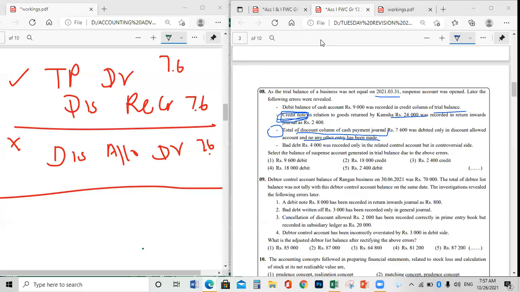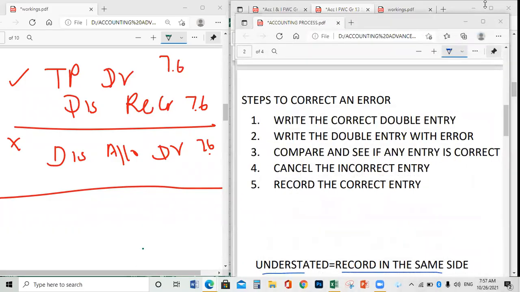So have they recorded in the trade payable? No, they haven't recorded. So compare and tell me, is there anything which is correct here? No, right? Nothing is correct.